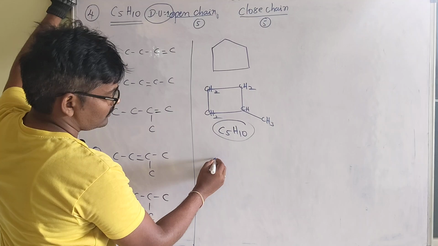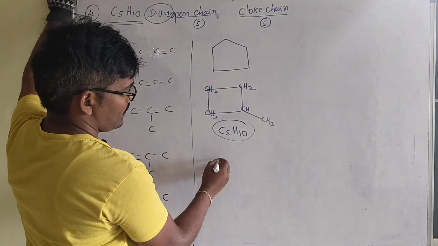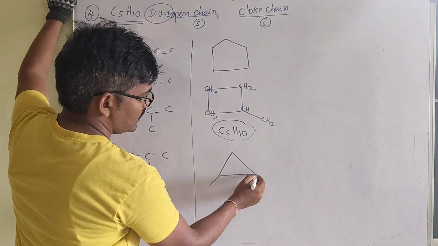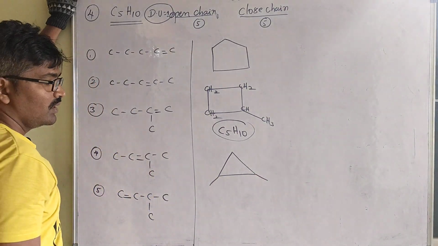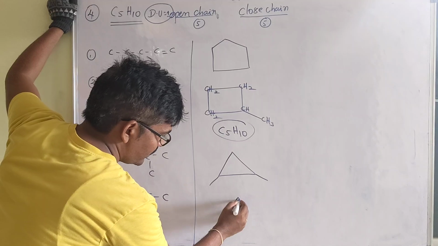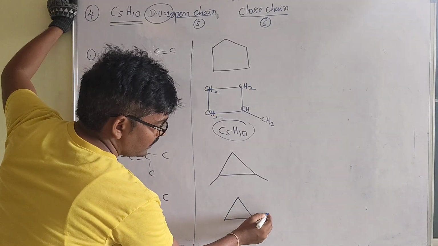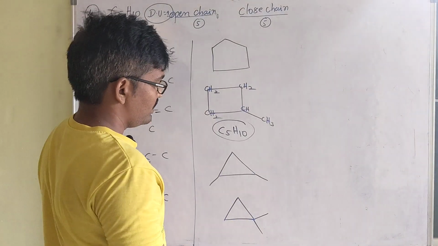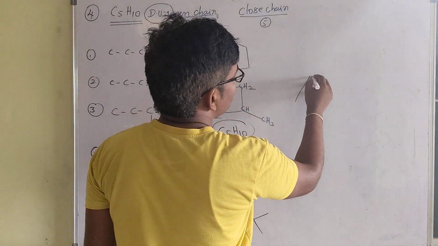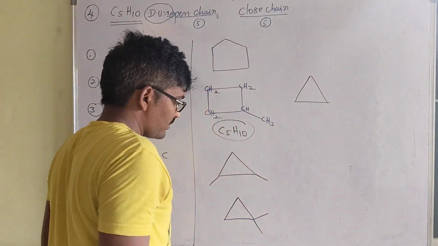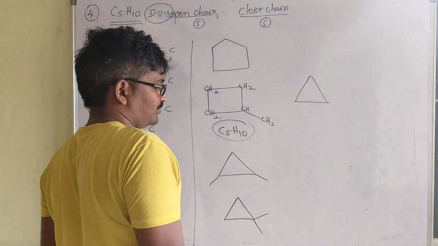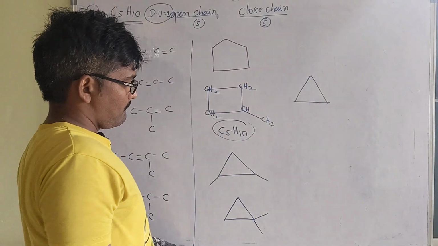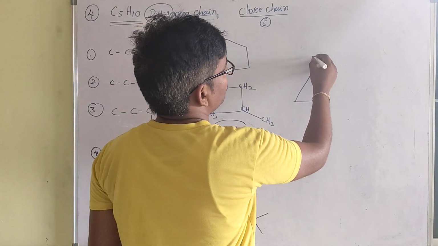Then one more cycle. Then 3-membered ring, right? Here one bond, here one bond. In the 3-membered ring itself, we can take 2 substituents on 1 carbon. Then one more 3-membered ring, and we can also take an ethyl group.